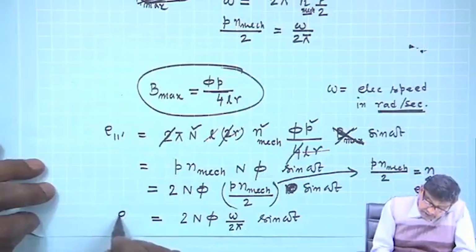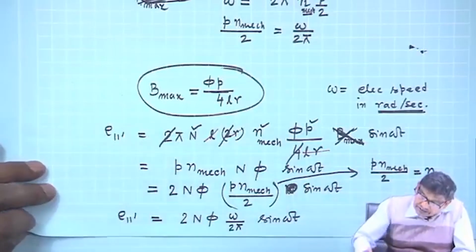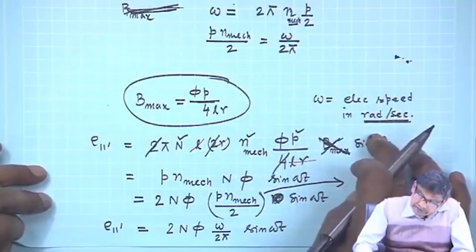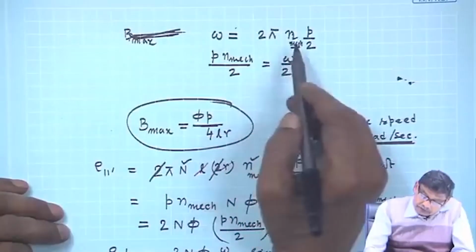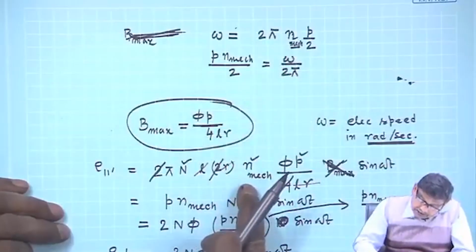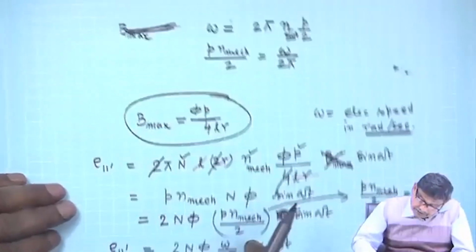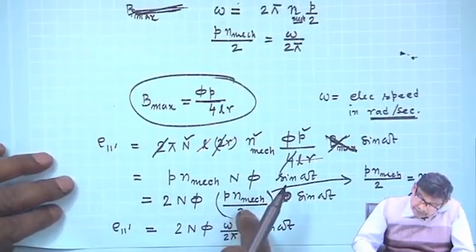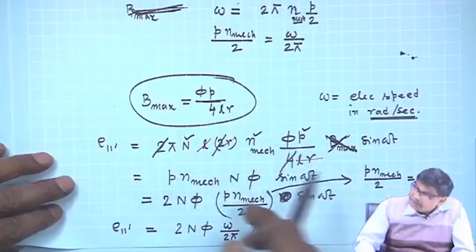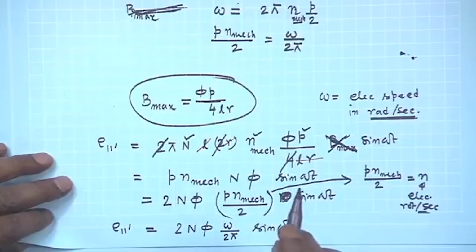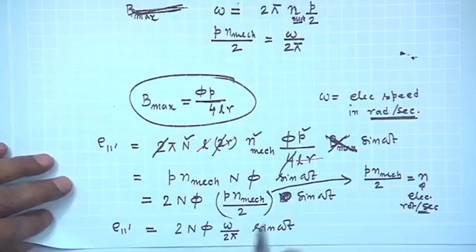So, this is E 1 dash. I have not missed anything, hopefully. So, omega electrical radian per second is omega. So, n mechanical came here, BLV, P n mechanical by 2, no pi I have left, just carefully see. Okay. One pi is coming extra here.